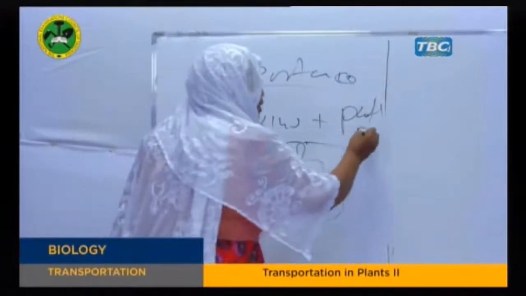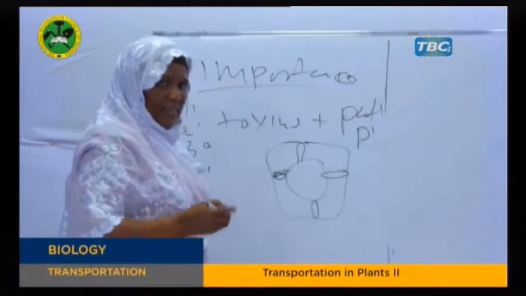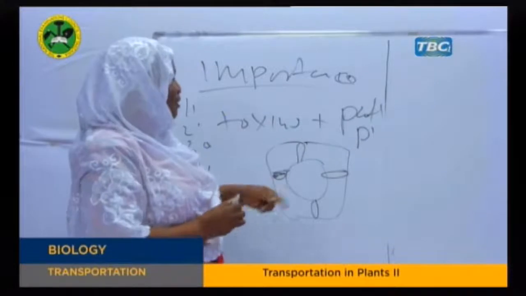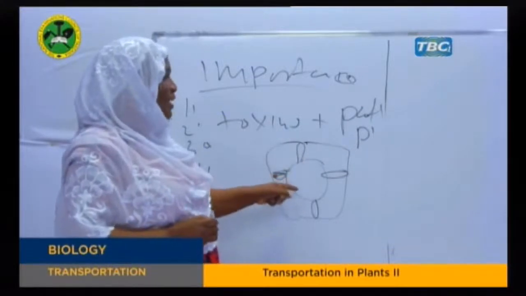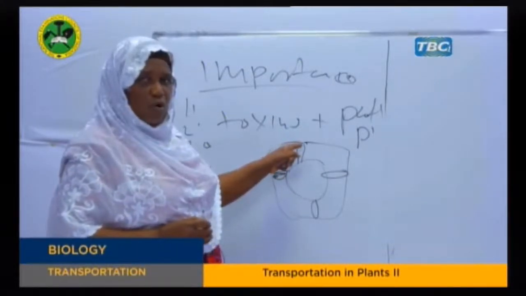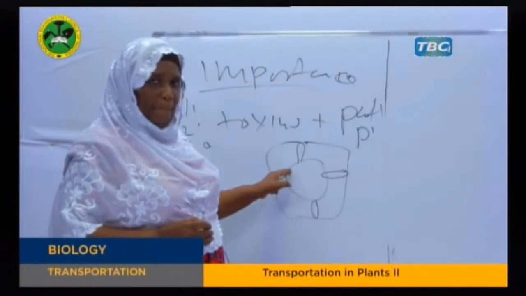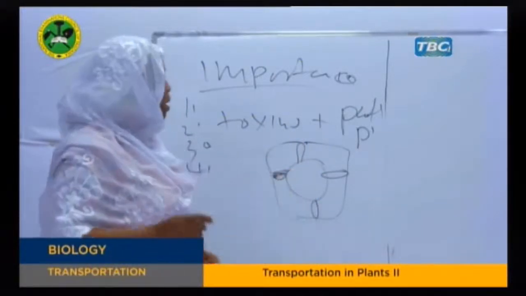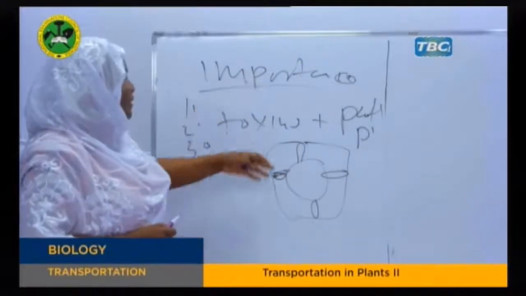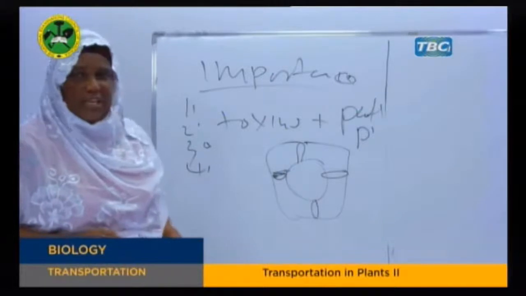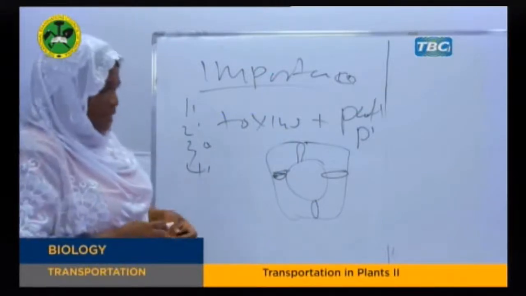So if plasmolysis takes place, this membrane will still be attached to the cell wall because of the presence of these bands. So these are some of the importance of Casparian strips in roots.